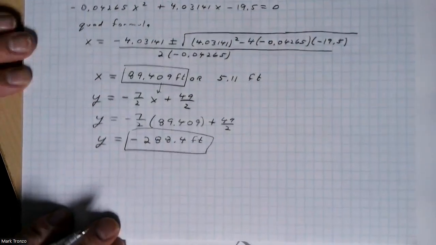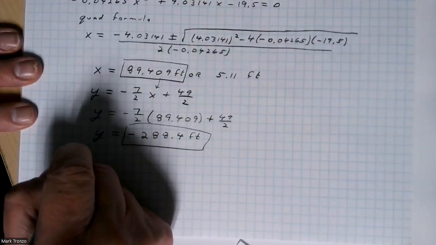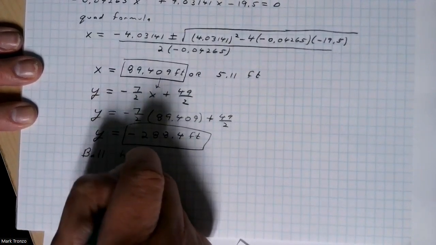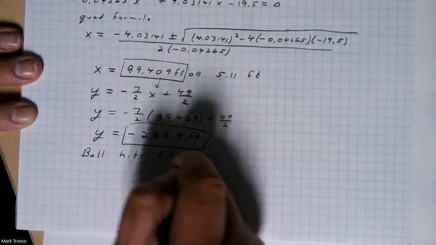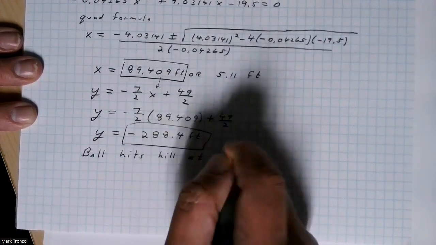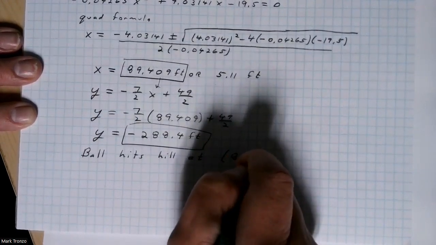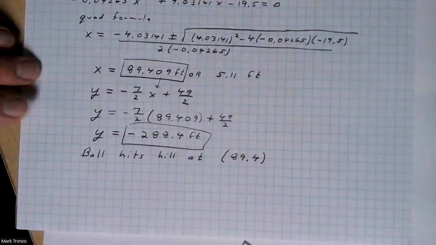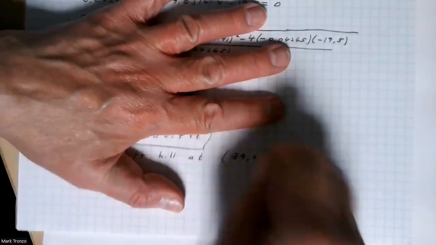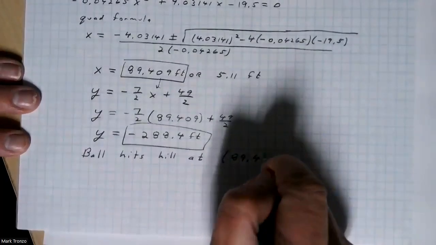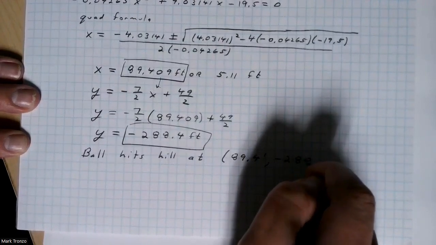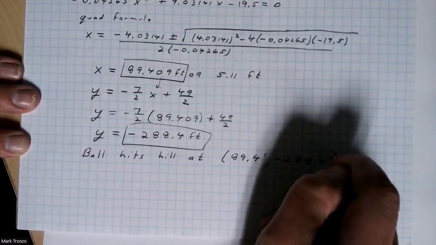So the ball hits the hillside at 89, let me round this off, 89.4 feet and negative 288.4 feet.